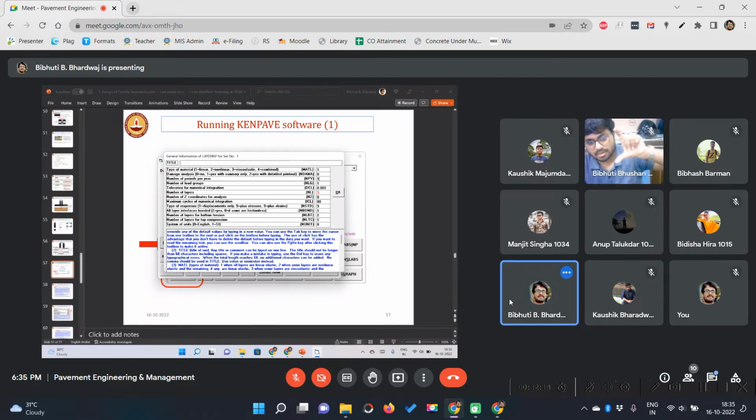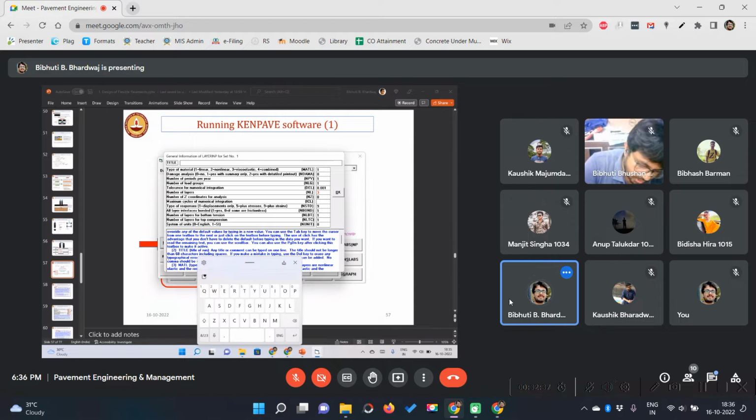One at the bottom of your first layer, the bituminous mix, and the second variation in Z is at the top of the subgrade. So Z equal to 15 and Z equal to 60. Only these two coordinates in Z, right? Yes, sir. So 2.